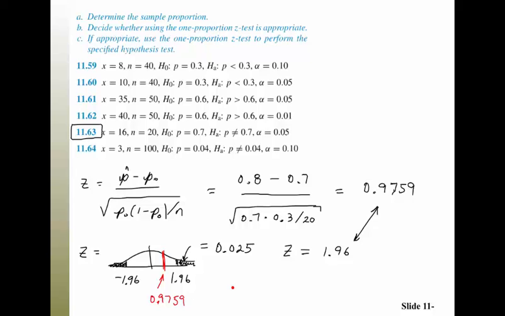So let's have you do one application problem.